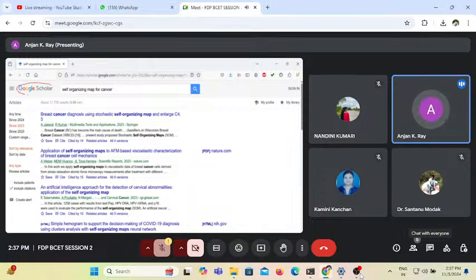Now, if I go for a particular area, again in Google Scholar, if we search for the application of self-organizing map for cancer, you will see that since 2023, we have more than 17,000 references available, including areas like breast cancer and cervical abnormality.